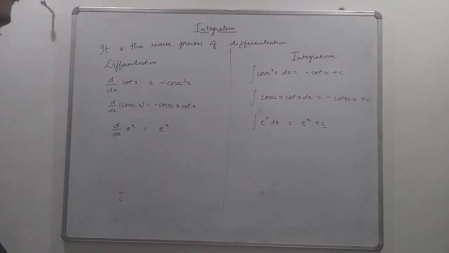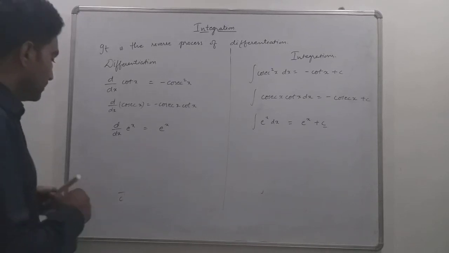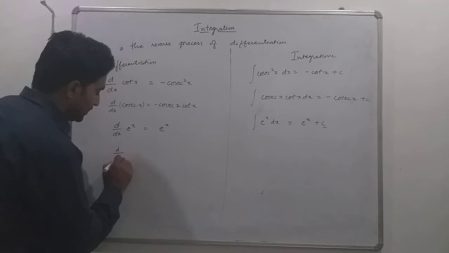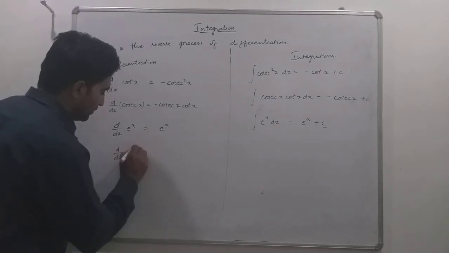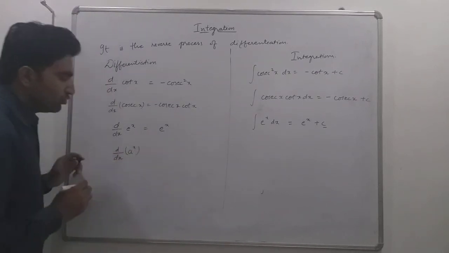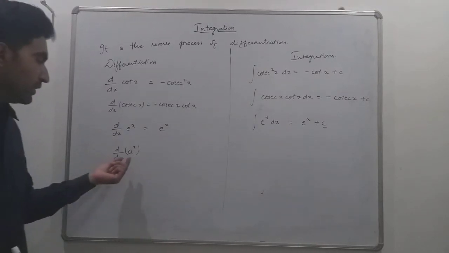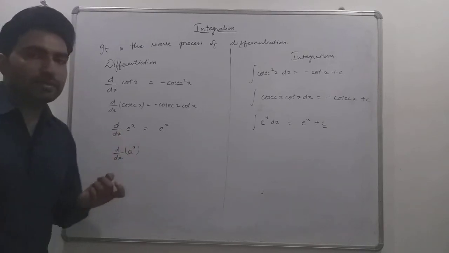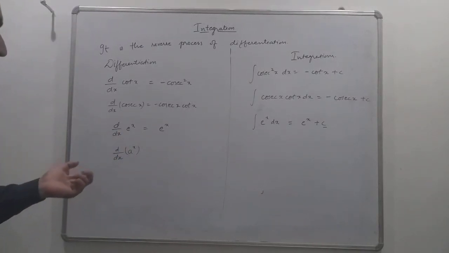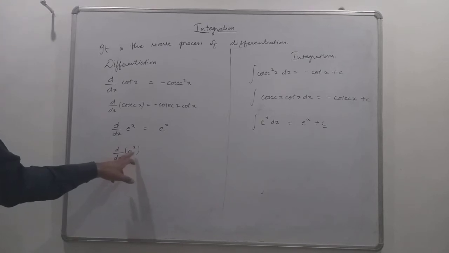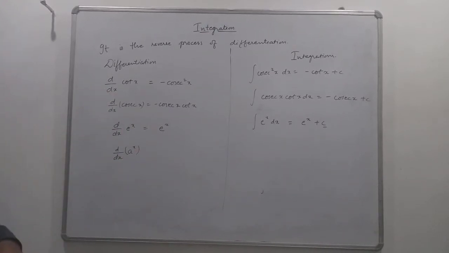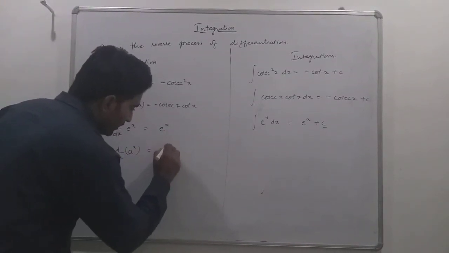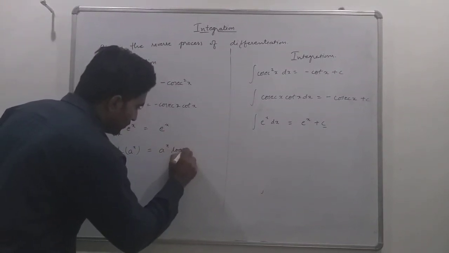Okay, now let's take one more term. If you are given the term a raised to power x, where a is a constant and x is a variable, then the differentiation of this function will be equal to a raised to power x log of a.